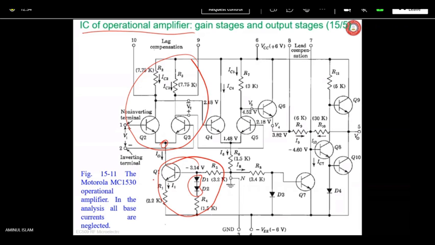Therefore, when the power supplies are plus minus 6 volt, the common mode voltage swing for this amplifier should not exceed plus minus 2 volt maximum.